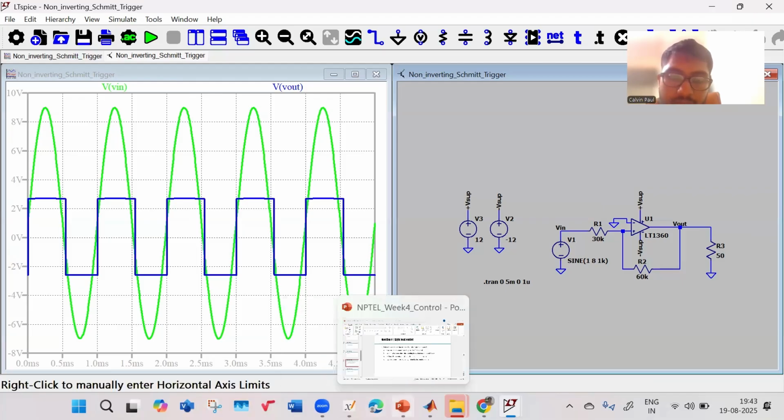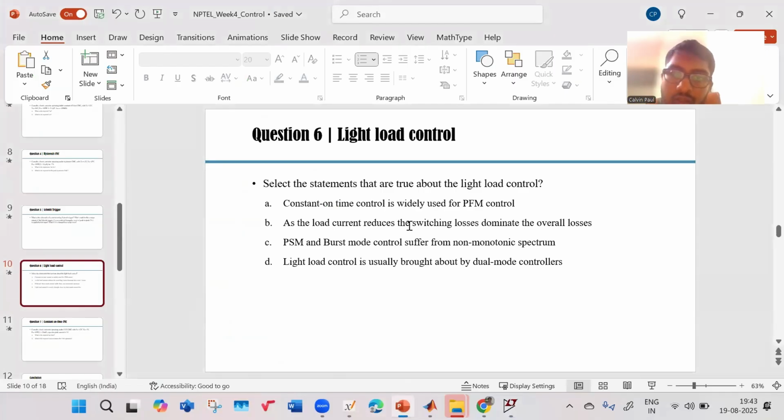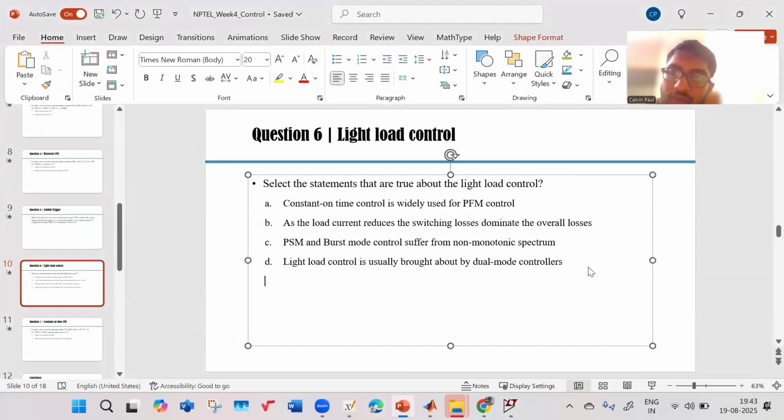Okay, so we'll go further. Can you tell what statements are true about light load control? Option B is correct.